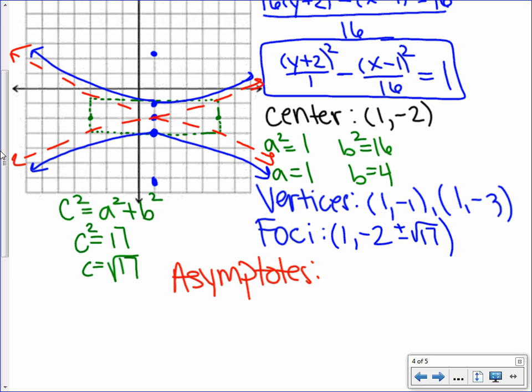What's the slope of this line? We go up 1 over 4. What's the slope? 1/4. So we're going to write y minus negative 2 equals our slope times x minus 1. What's the slope for this line?